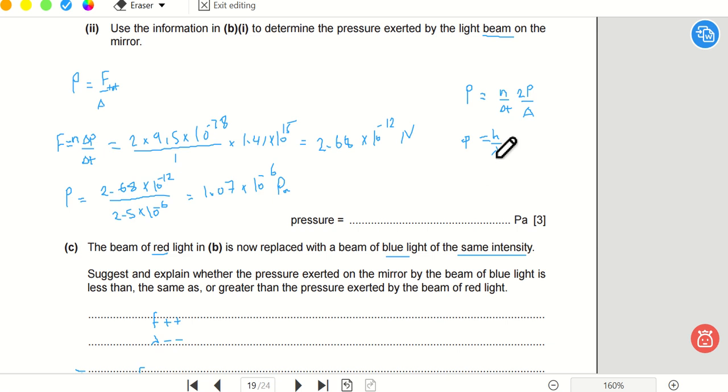Lambda decreases, p here, p once again is the momentum, p increases. Okay, so we can write here that p increases.